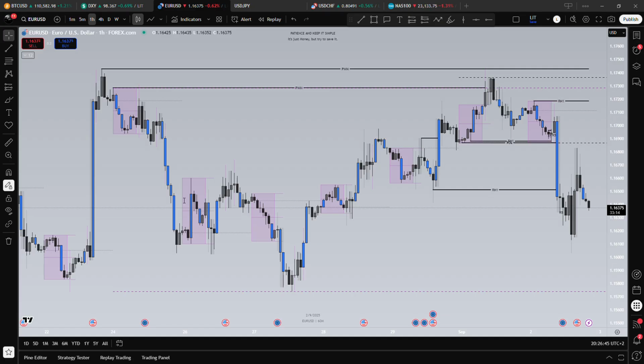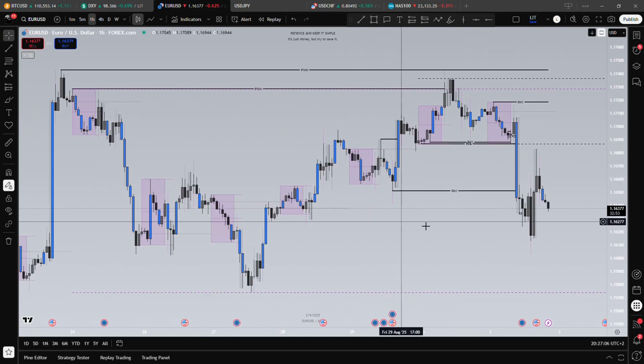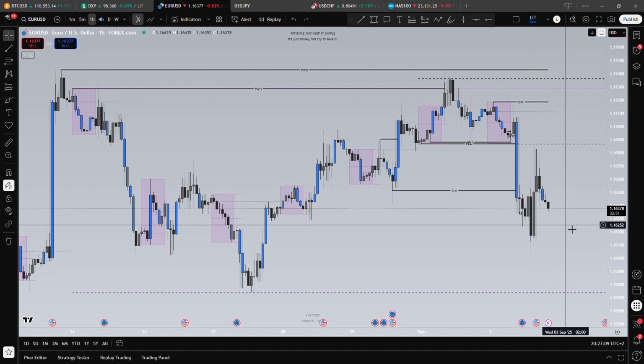Liquidity for... Okay, I don't know if you see that, but I just noted what I said. I'm going to show it to you right now.